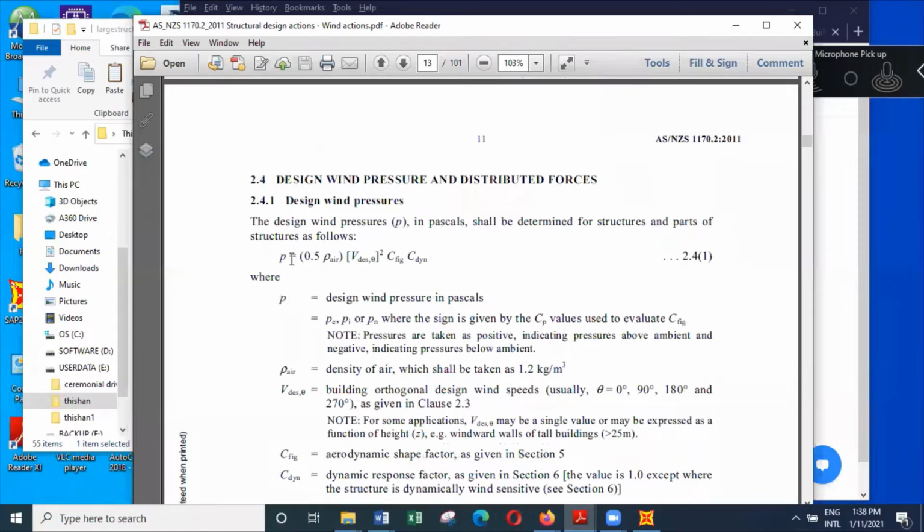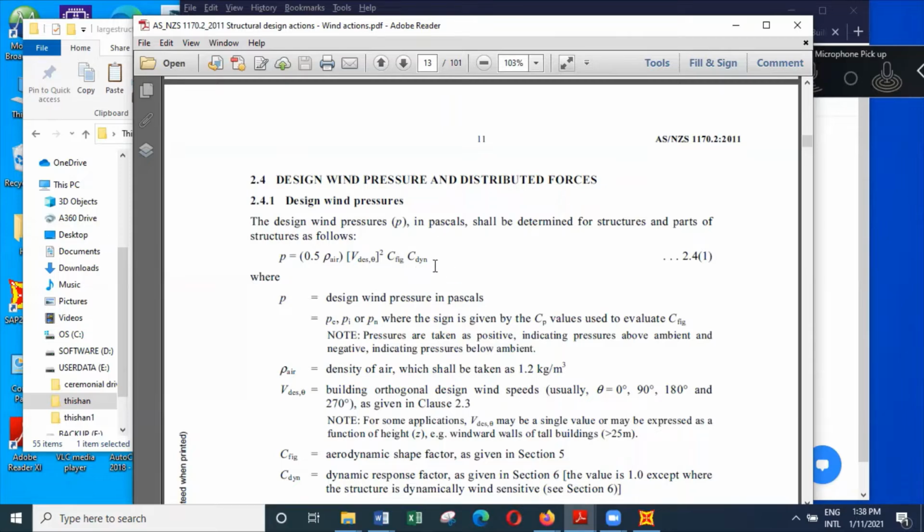Okay. And you can see the pressure is given by half the density of air. That is, the density of air is 1.2 kilograms per meter cube, so you get 0.6 V design theta squared, C figure, C dynamic.